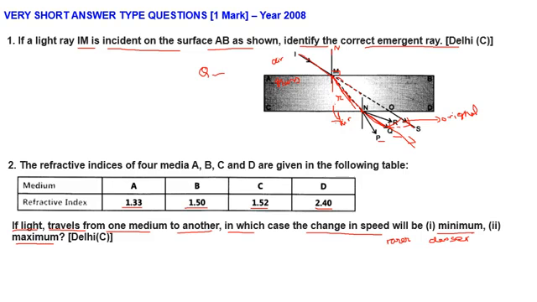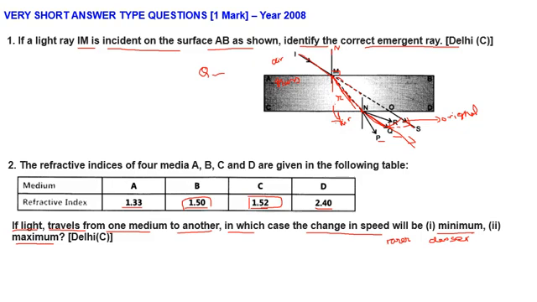the less is the speed of light in that medium. So let's see this question. First I have to find out the minimum change in the speed. So I take the two media having the minimum difference in their refractive index. As I can see here, 1.50 and 1.52.